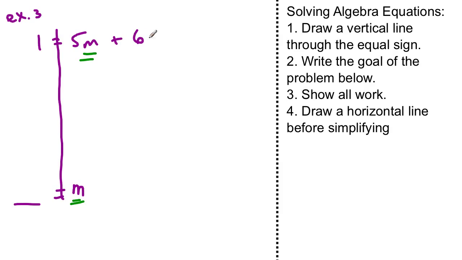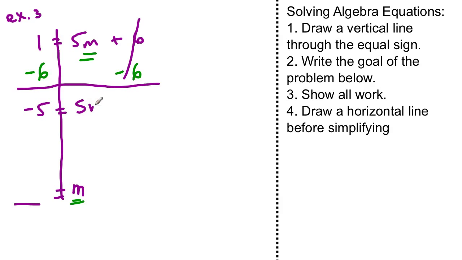So we have +6 here, so we want to subtract 6 from both sides. And put that horizontal line. This cancels out. Now we're left with 1 is equal to 1 minus 6. We got to simplify that to -5, and we get that that's equal to 5m. Cool.